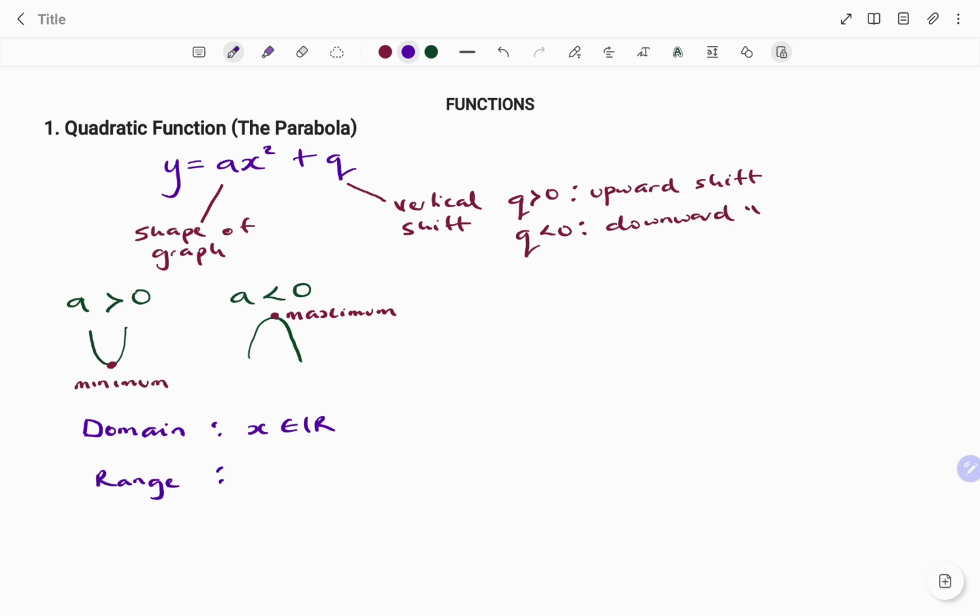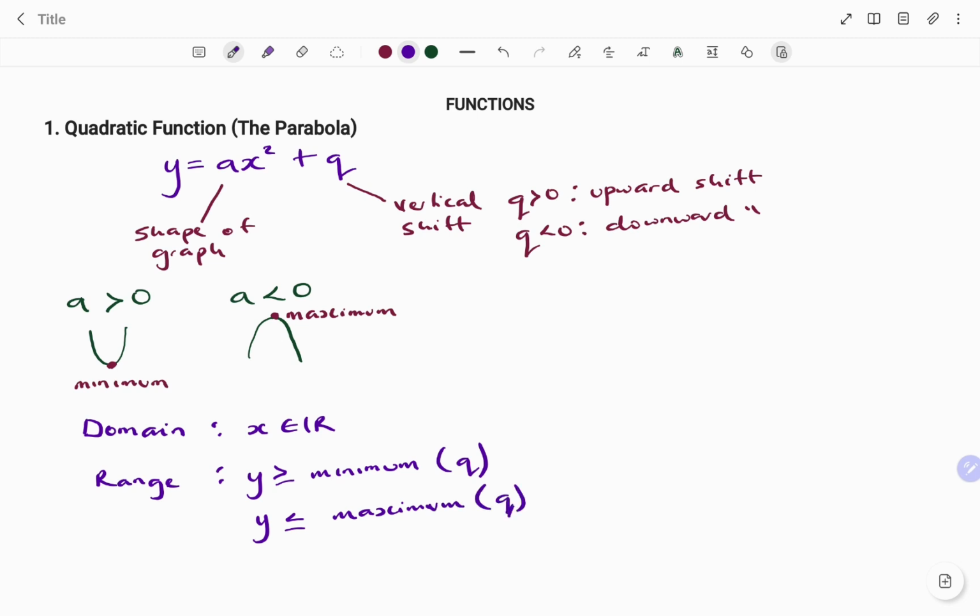If we have a minimum, then the y value for the range will be greater than or equal to the minimum. That's q. Likewise, if you have a maximum, then your y for your range will be less than or equal to the maximum, which is also the value of q.